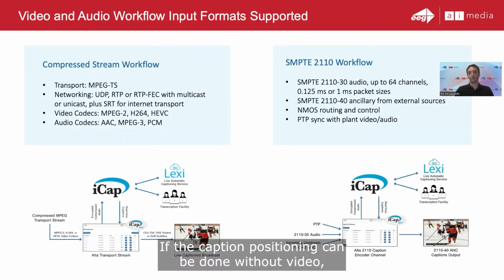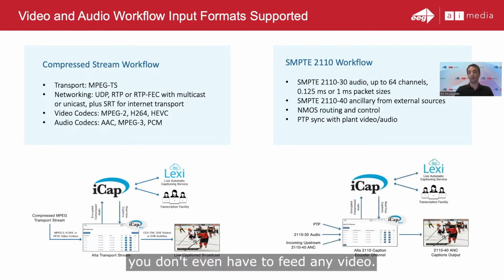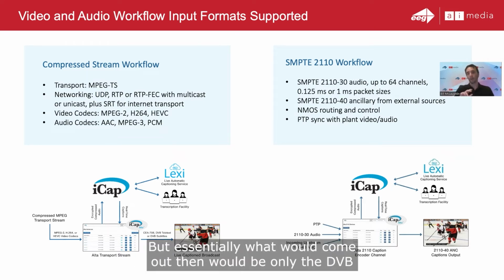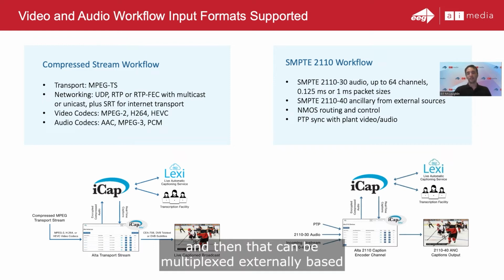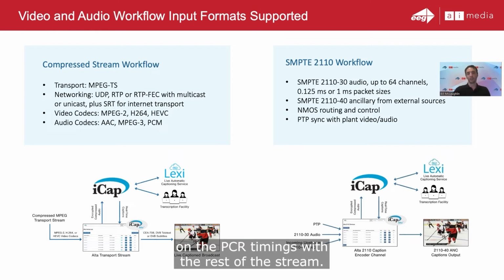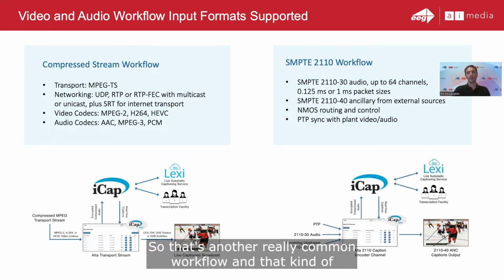If the caption positioning can be done without video, you don't even have to feed any video. But essentially what would come out then would be only the DVB elementary stream that has the teletext or subtitles data, and then that can be multiplexed externally based on the PCR timings with the rest of the stream. So that's another really common workflow, and that keeps the subtitling in a side chain from the main video.